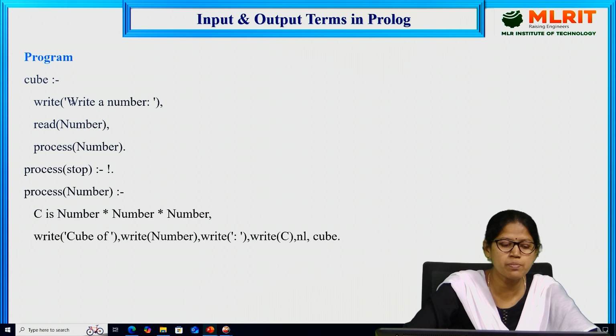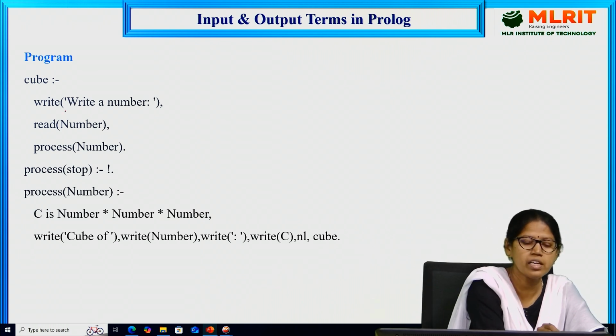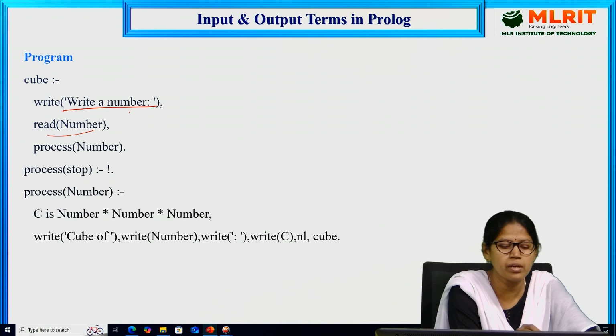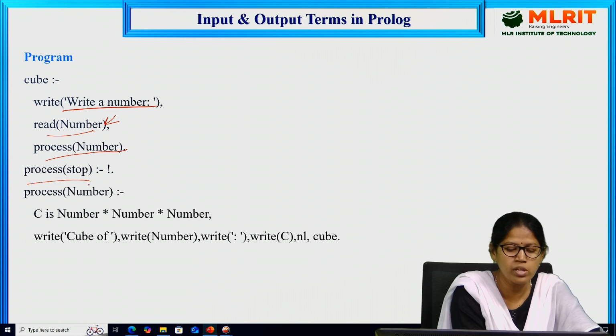Then it will display as it is, because we are writing inside the write predicate. Next, read the number. It is asking the user to enter the number. Next, it will process the number. The process stops when we write stop, then it will stop automatically. Process number, C is a number times number times number.